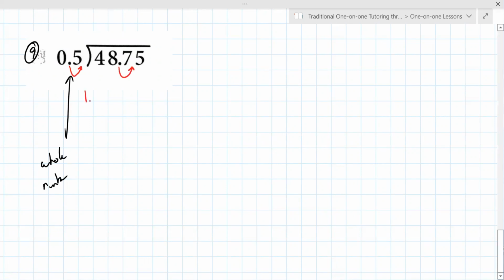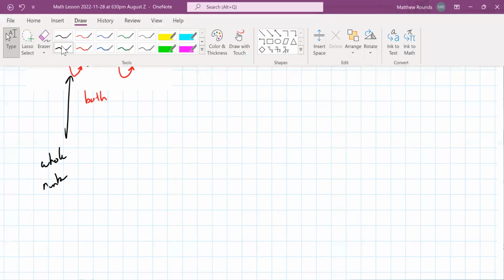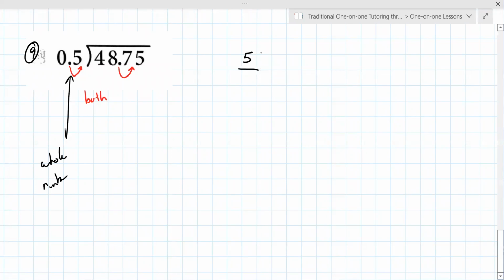So it would be 5 into 487.5, it's actually written the other way around, 487.5 divided by 5. But that's a side point. Do you want to try this on your own? I'll try it on my own.